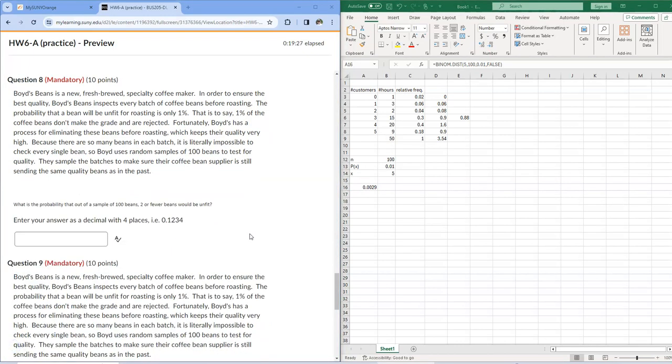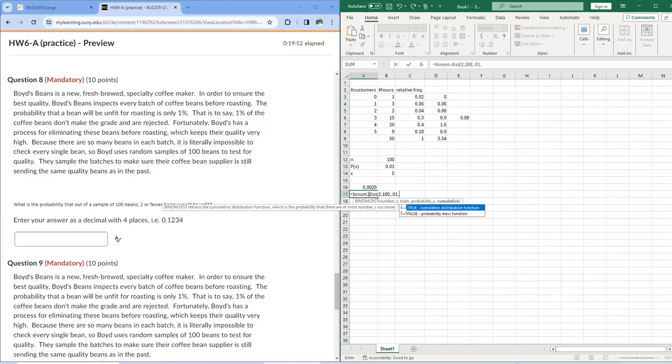Jumping ahead to question 8, because question 7 was really the same as question 6, just different numbers. This time they're asking, what is the probability that 2 or fewer beans would be defective? So it's a binomial distribution. The number I'm looking for is 2. 2 or fewer, that includes 2, right? So the number of trials is still 100. The probability is still 0.01, but this time I want true because I want cumulative probability.